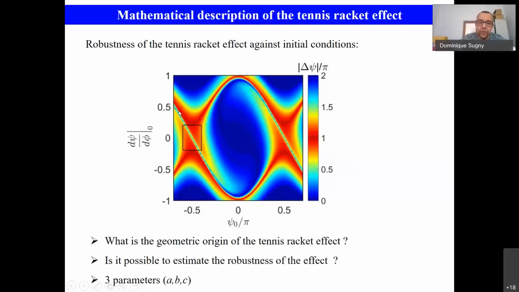Except in a very thin region here, near the separatrix, where delta psi will be of the order of 0, and this very thin region corresponds to the monster flip effect.